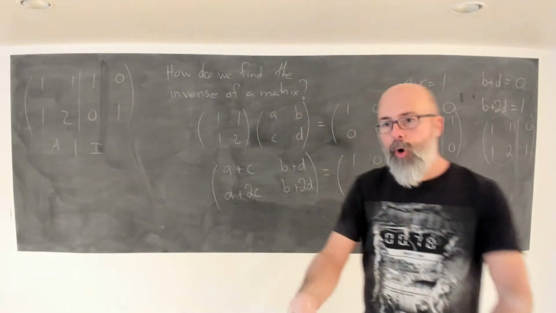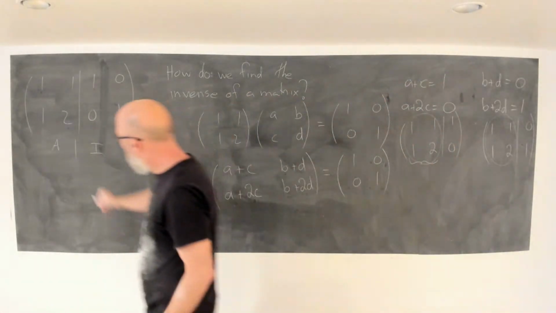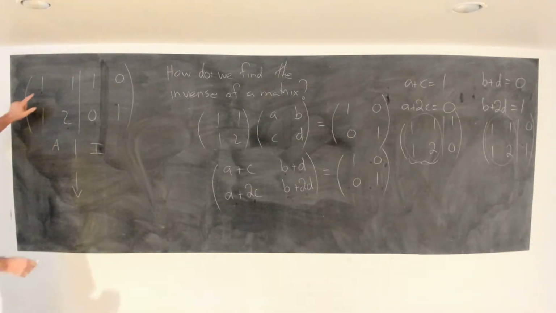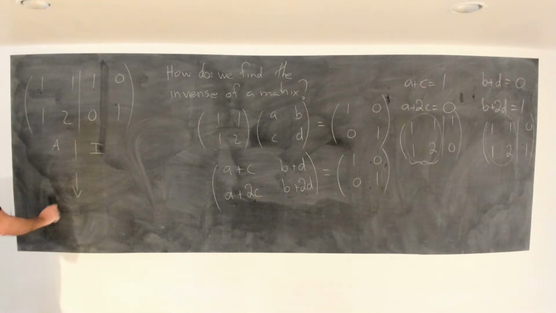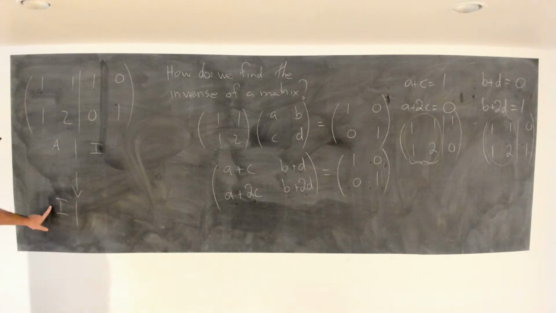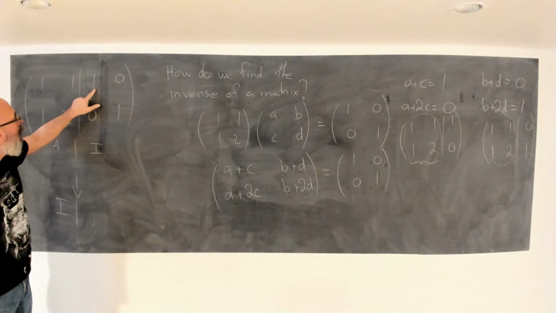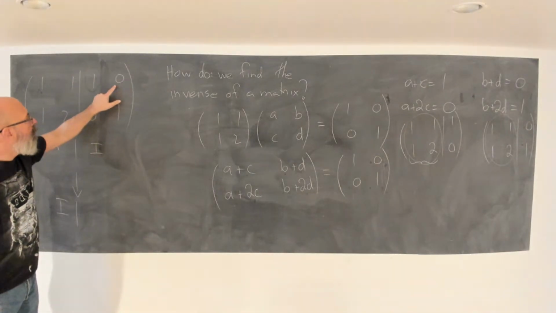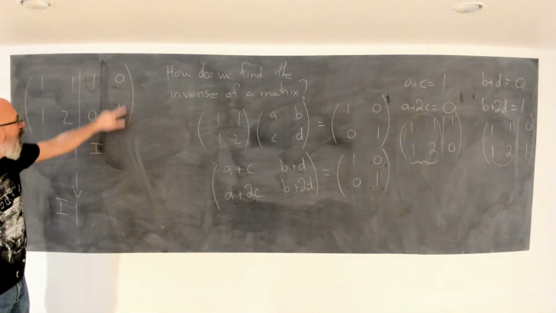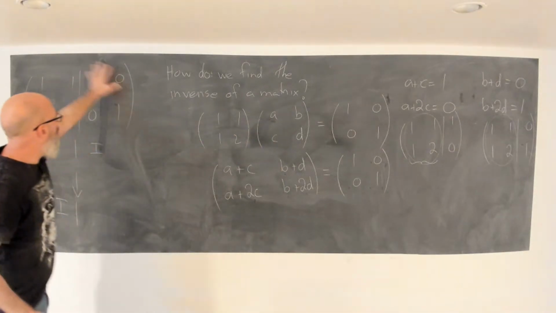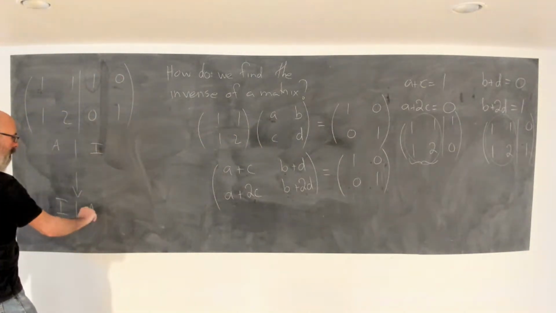If you row reduce this and you get the 1, 0, 0, 1 business, in other words, if you row reduce to get the identity, then whatever's here is going to be the A, B, C, and D. This is going to be the inverse.